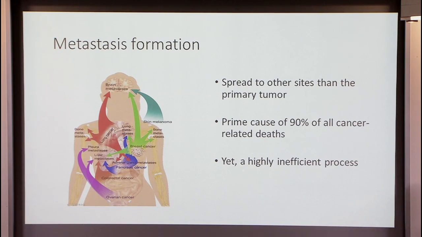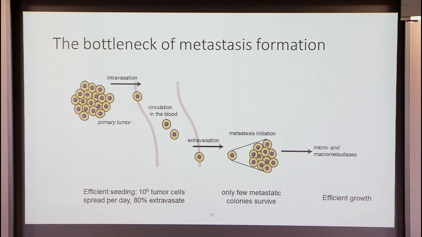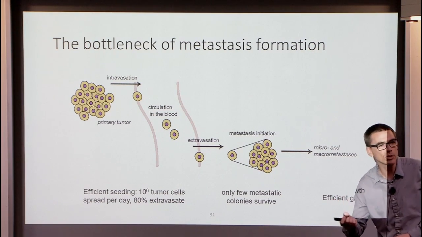In a way, it's a highly inefficient process, and I want to make that a little bit more precise. So here's a slightly more detailed cartoon of this process. Again, here's the primary tumor, and it typically will go into the blood system, a process called intravasation. In the first place, these cells have to acquire the ability to leave the primary tumor.